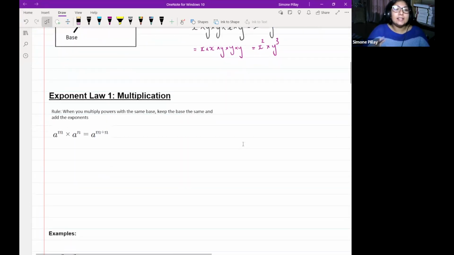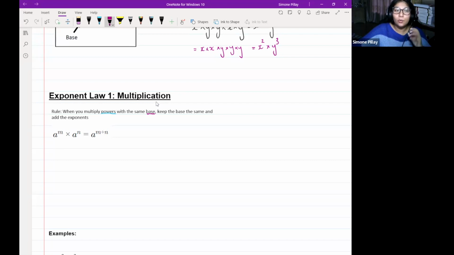Let us look at our first exponent law. You see here, I've labeled it exponent law 1, and it deals with multiplication. What is my rule? My rule tells me when you multiply powers, and let's remember what a power is from the little activity we just did up there, when we multiply powers that have the same base, that main number, that main variable, must be the same.